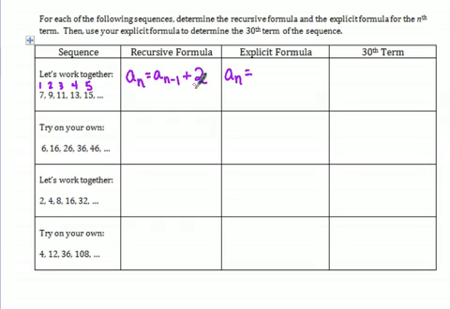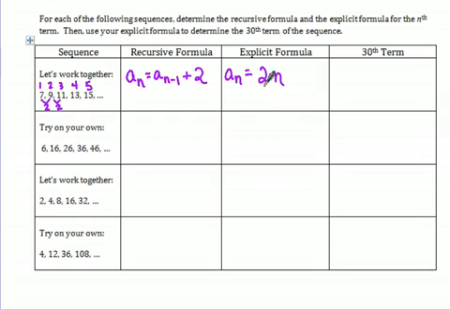Now we said we were adding 2 every time, and if you remember in our previous example, that meant that we were doing 2 times n. It's kind of like slope in a linear formula when you're looking at a table of linear data. The common difference in the terms, that's going to be your slope, or in this case it's how much we're changing every time. But now I need to figure out, how do I get that first number of 7?